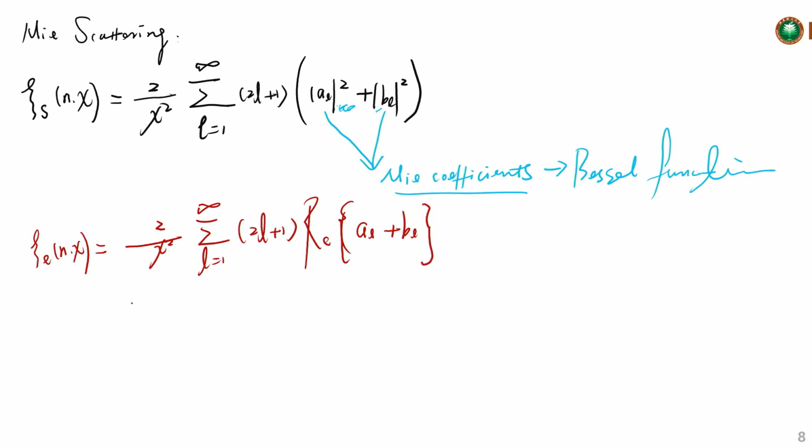And for the absorption efficiency, it can be expressed as the extinction efficiency minus the scattering efficiency. So we can get the expressions for these two terms. And now, how to obtain the mean coefficients.